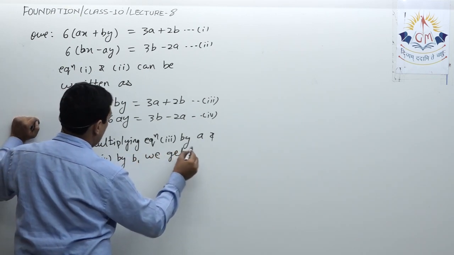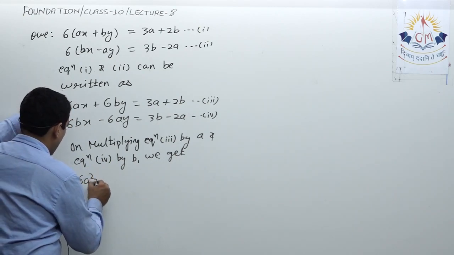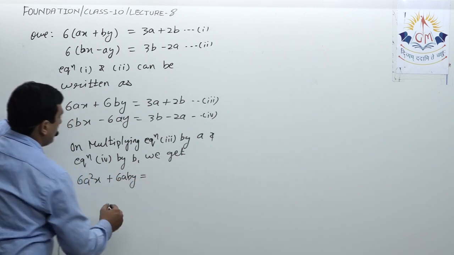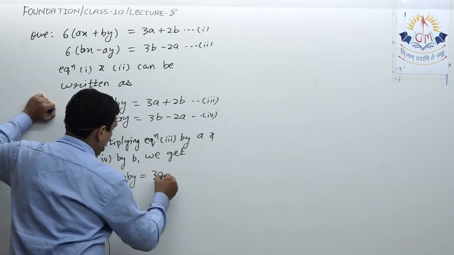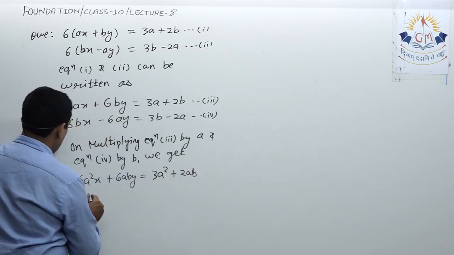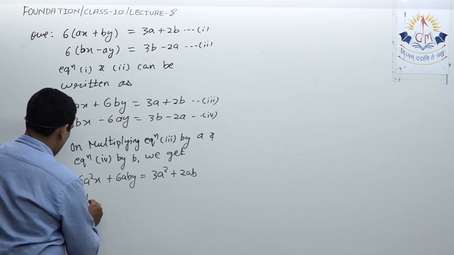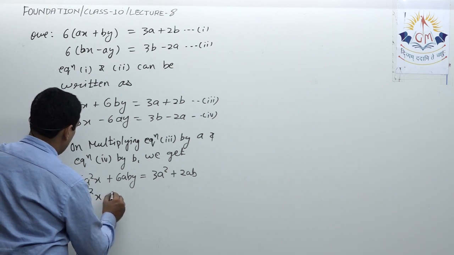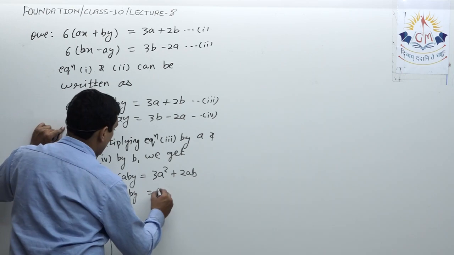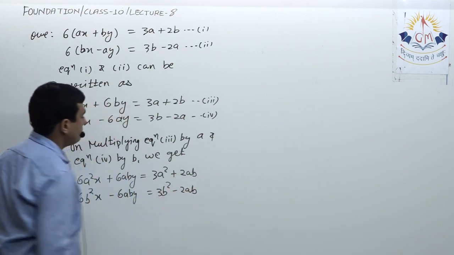On multiplying, we get 6a square x plus 6aby is equal to 3a square plus 2ab, and 6b square x minus 6aby is equal to 3b square minus 2ab.